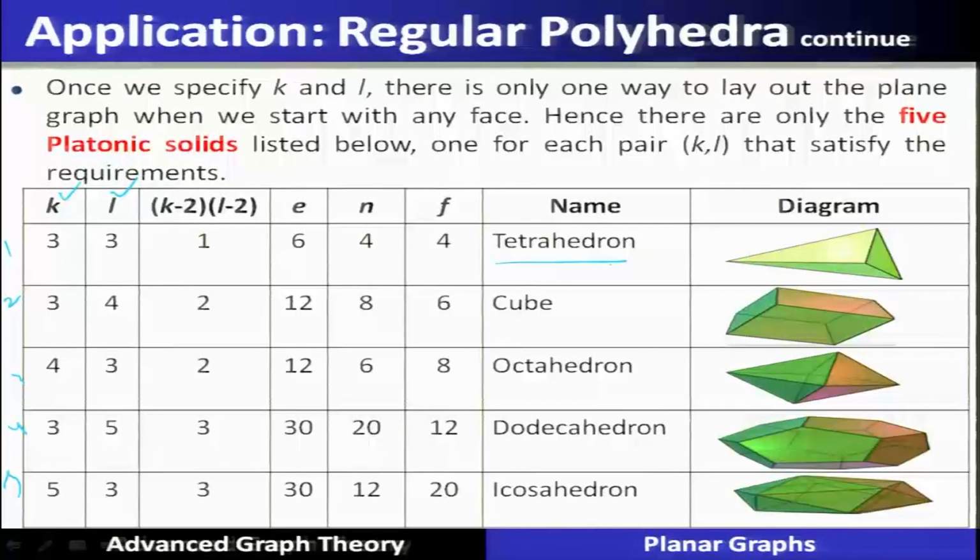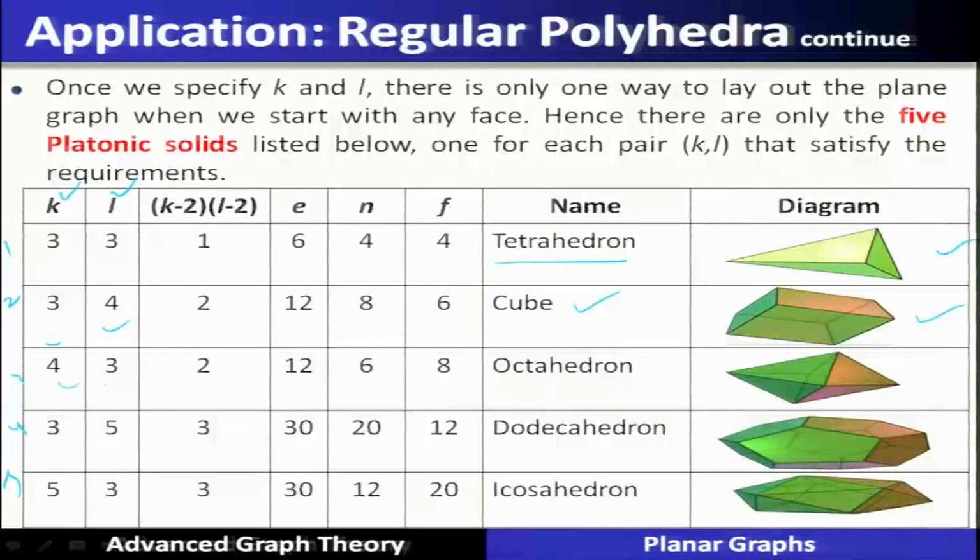The first one, when k and L are 3 and 3, is called the tetrahedron, and this is the diagram for it. When k and L are 3 and 4, it becomes a cube. The cube is shown here.